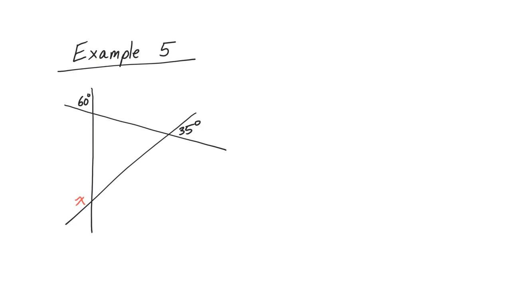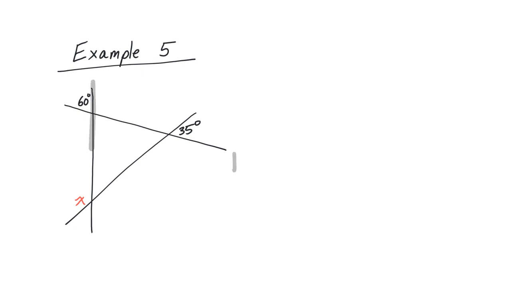In my last example, I don't have any parallel lines. I just have 3 straight lines and a triangle that I need to use to find my missing angle x. So I begin by looking for things that I know. I know that I have a 60-degree angle and a 35-degree angle. So what I'm going to do is look for pieces that I know.